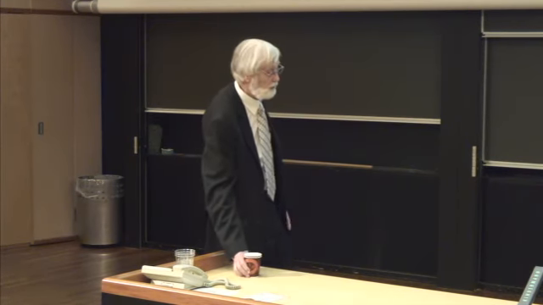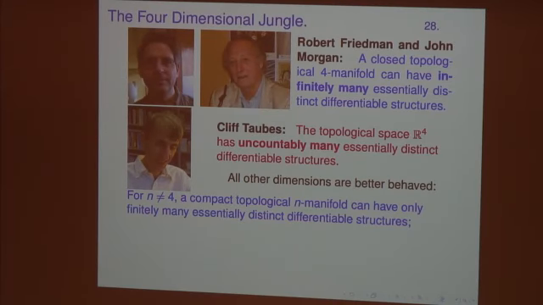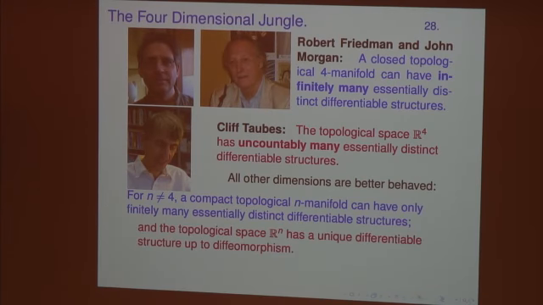And these things can happen only in dimension 4, because for n different from 4, there's a theorem that a topological manifold has only a finite number of structures up to diffeomorphism. And there's a theorem that Euclidean space has a unique differentiable structure up to diffeomorphism.